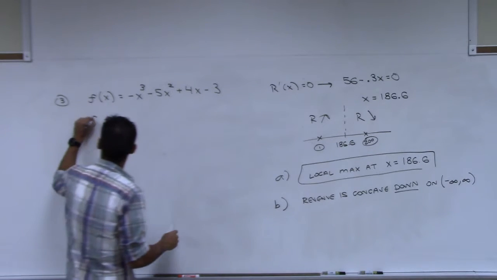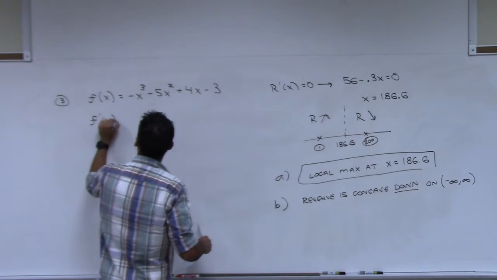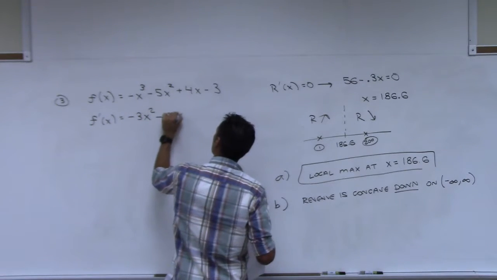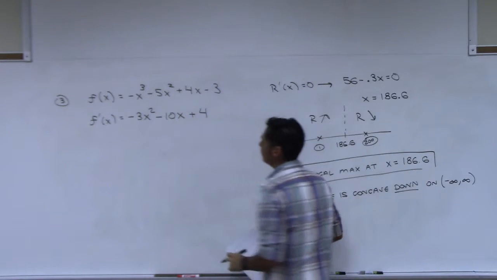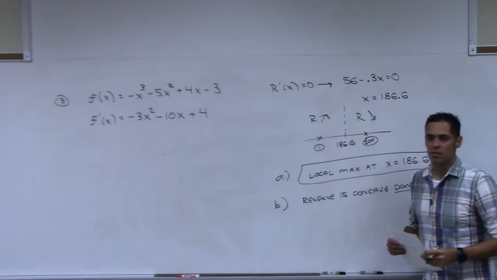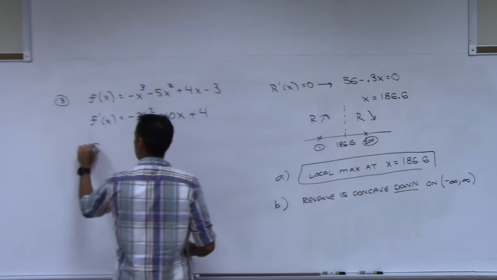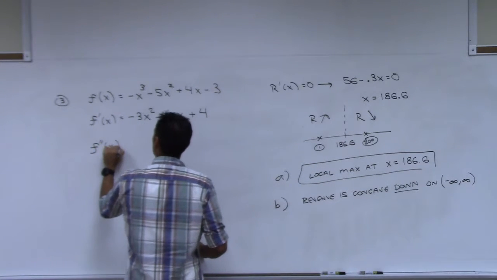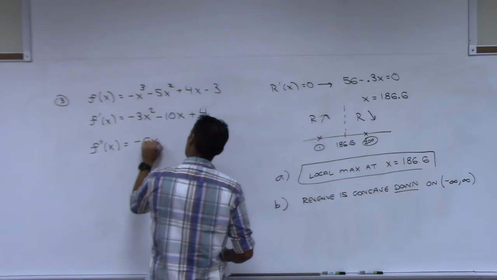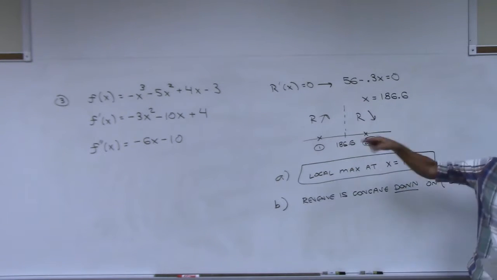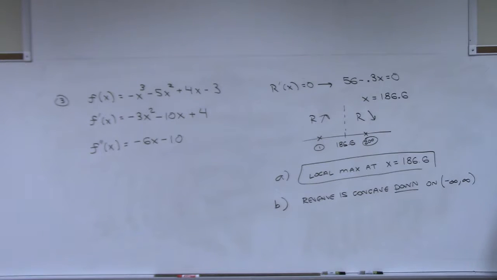We only need the second derivative here, because all it's asking for is concave up and down. So first derivative is negative 3x squared minus 10x plus 4. I'm trusting you can do that. Second derivative is negative 6x minus 10. That's the one we set equal to 0.